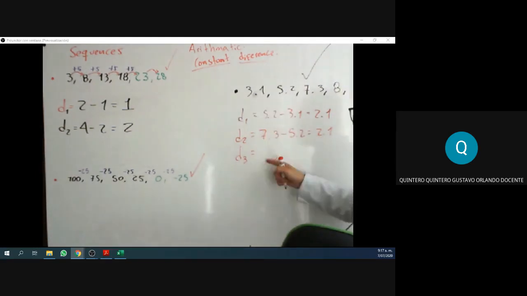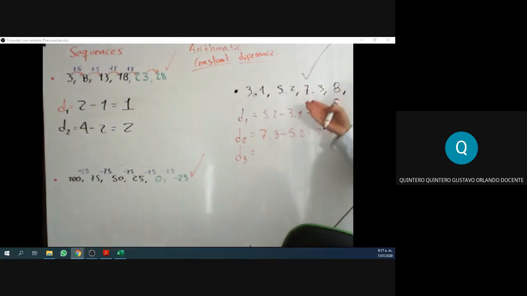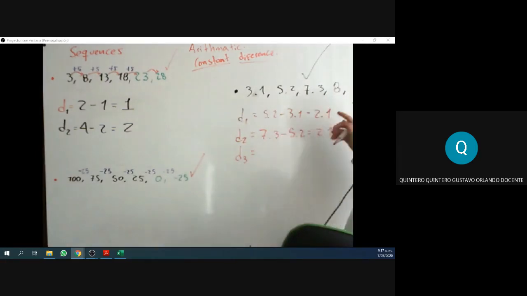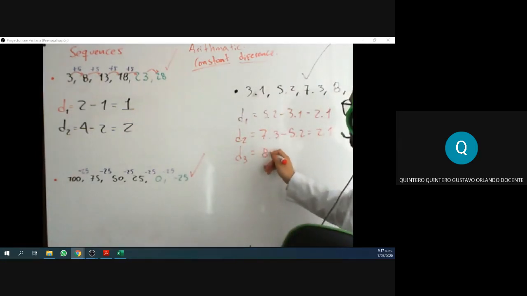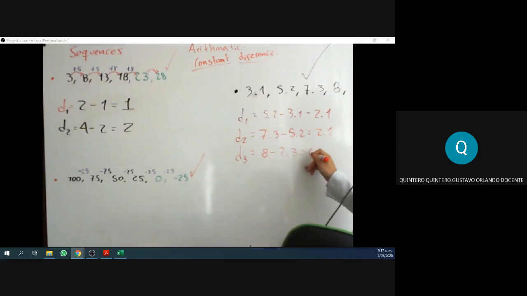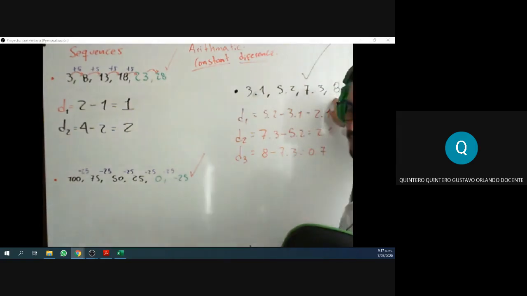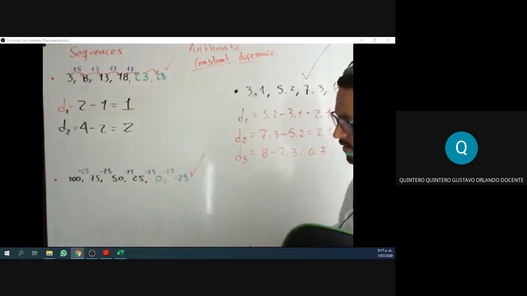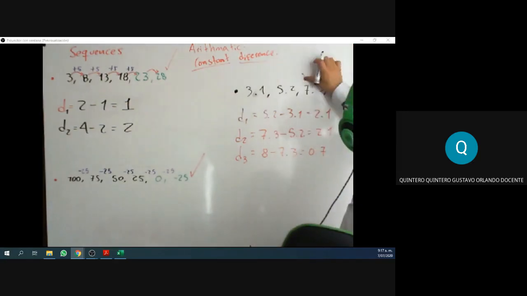Every difference has to be constant in the sequence, so I have to find every single difference. I have to do 8 minus 7.3. This difference is exactly 0.7. In other words, this 8 makes it so that this sequence is no longer arithmetic. This one now is not.